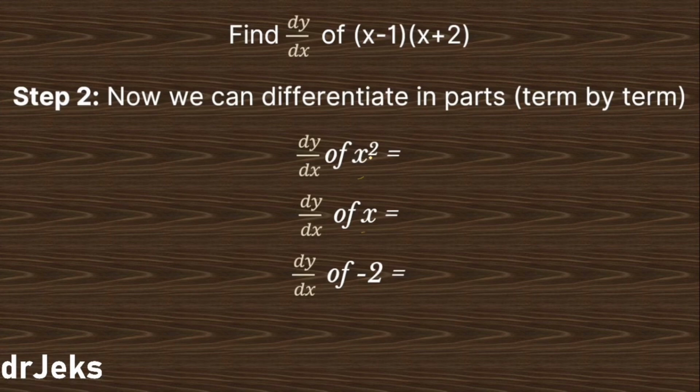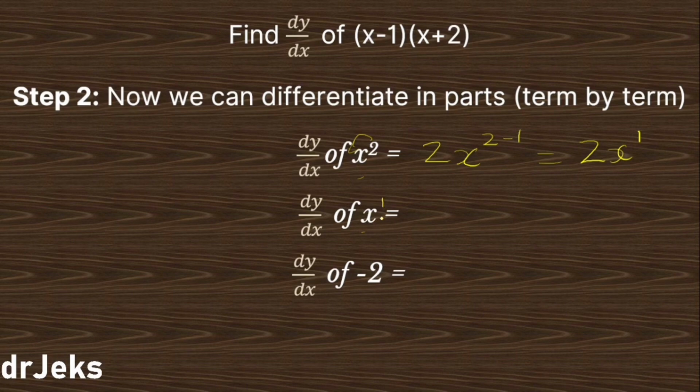So we bring this 2 here to multiply, and then the power of x we subtract 1 from it. So it will be 2 times x to the power 2 minus 1, which just gives us 2x.